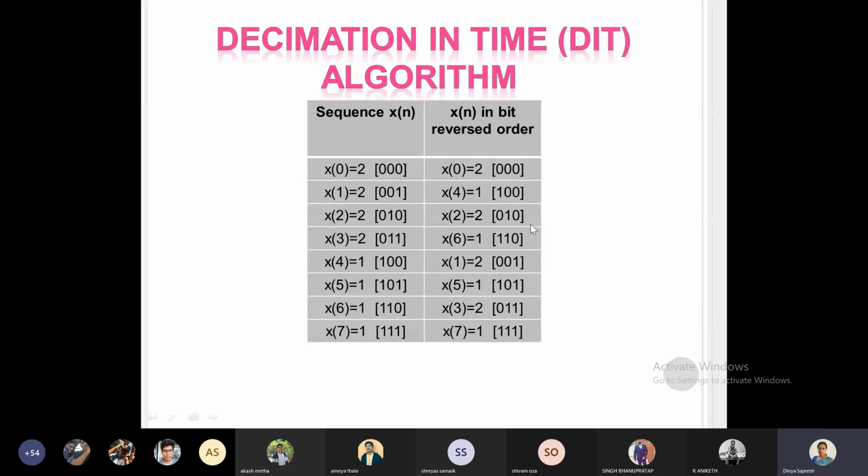Reversing the bits will not matter, so it will be the same element, x of 2. Like that, for all the elements I changed the order, found out the position I am getting after reversing, then took the corresponding element from the left column and wrote it over here.